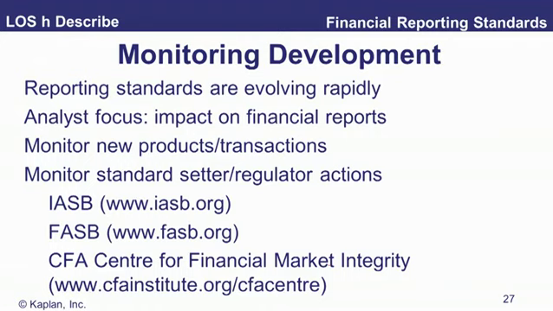So we do need to be continually monitoring, first of all, new products and transactions, because if there are new products and transactions, how do you report the economic substance? But of course, we also need to monitor the standard setter and regulator actions, in particular, new accounting principles.